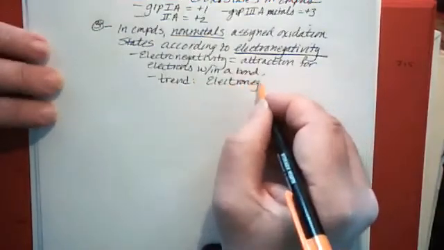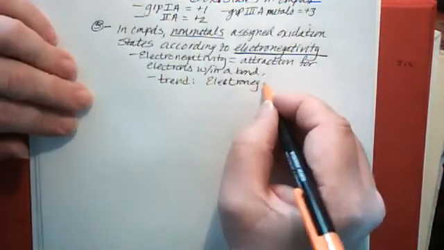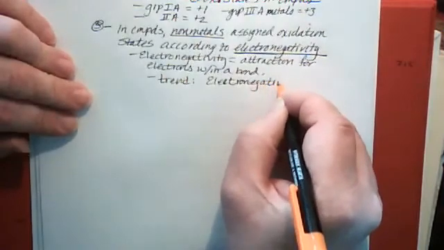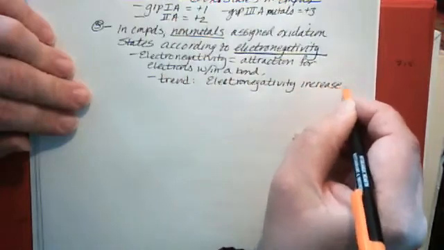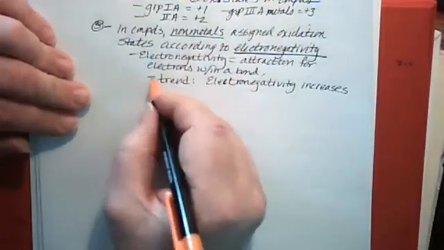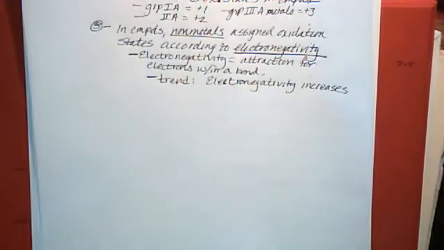There are actually numbers assigned to electronegativity, so you can tell exactly how electronegative one atom is relative to another, but we don't really need to know that yet. We'll get into electronegativity in much more detail in the future. But for now, what we really need to know is what the trend in electronegativity is.